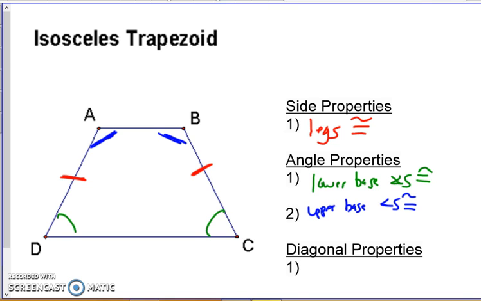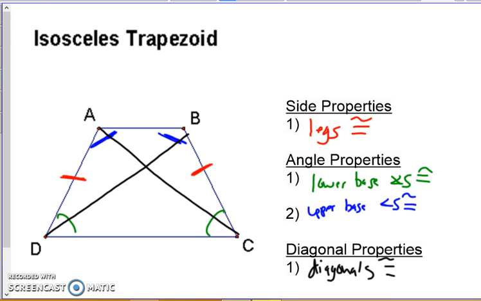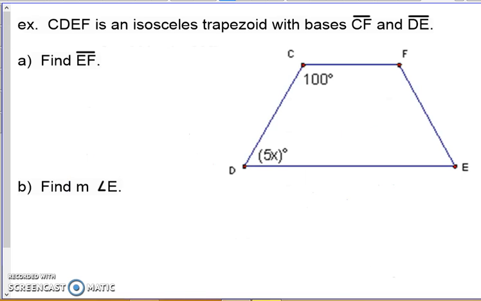Finally, the diagonals are congruent to each other. So as you might have guessed, we're going to use this to help us with algebra problems as well as proofs. One thing I want you to add that was left off is that side length CD is 2x.